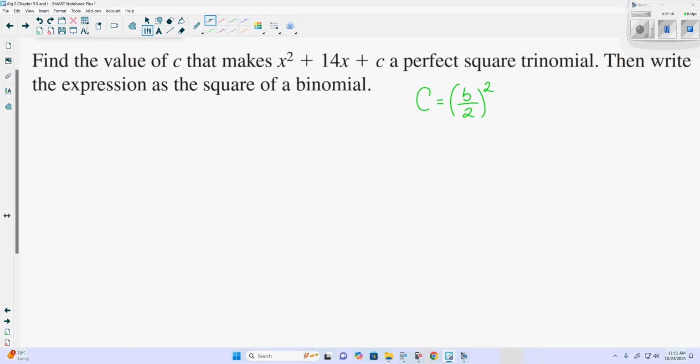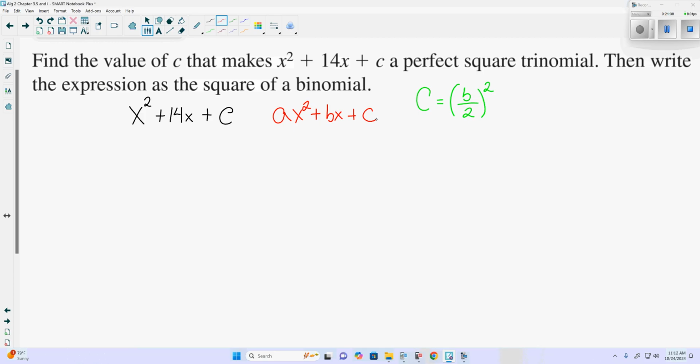Now for this first problem that they gave us, they told us that we have x squared plus 14x plus, they already listed it as c. Now the next question that normally comes, where do we find a? Well, a is coming from the general, or b is coming from the general form, our ax squared plus bx plus c.